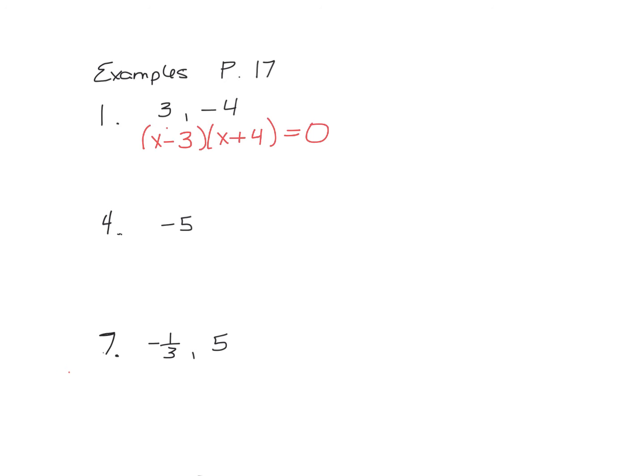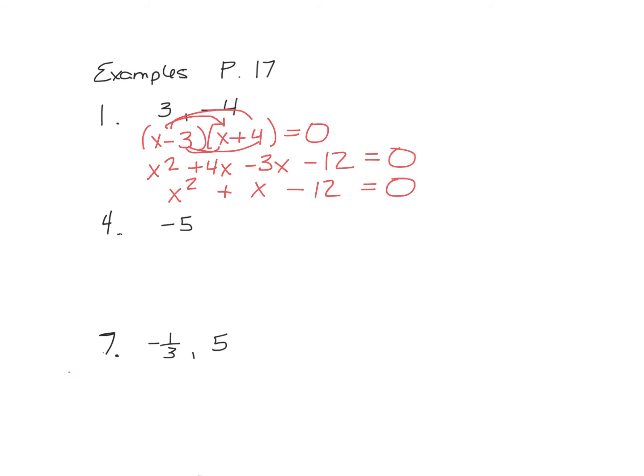And then to change the standard form, we would FOIL. First terms would be x squared. Outside would be 4x. Inside would be a -3x. Last terms would be a -12. Combining like terms, you'd have x squared plus 1x minus 12 equals 0.